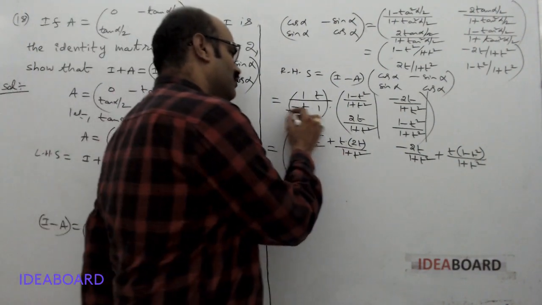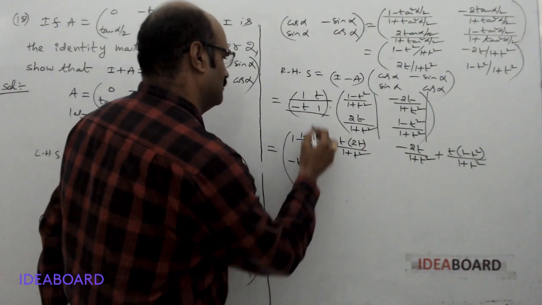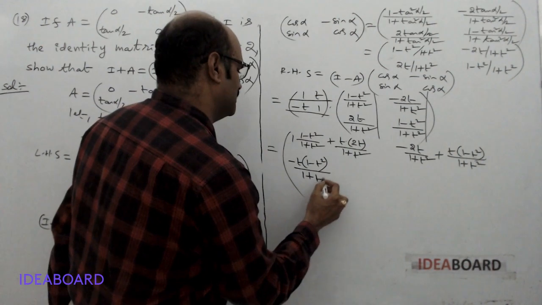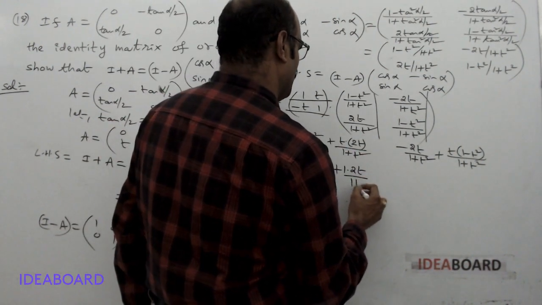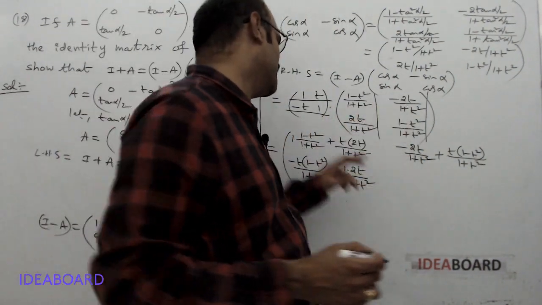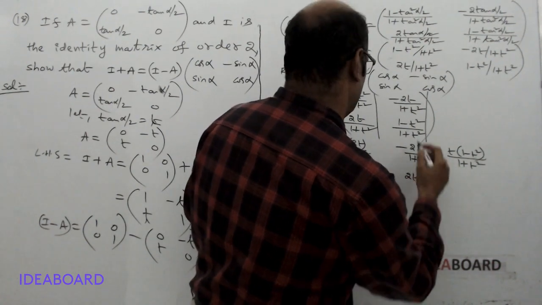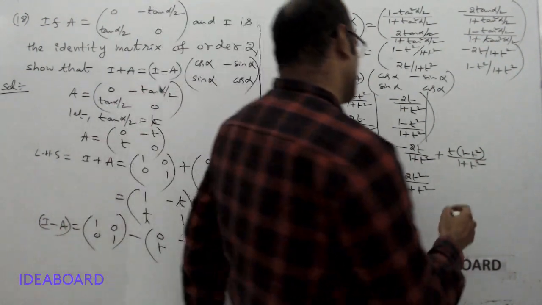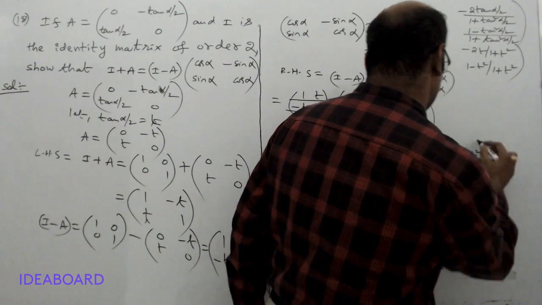Next, second row with the first column: minus t into 1 minus t square by 1 plus t square plus 1 into 2t by 1 plus t square. Then minus t into 2t by 1 plus t square plus 1 minus t square whole by 1 plus t square.